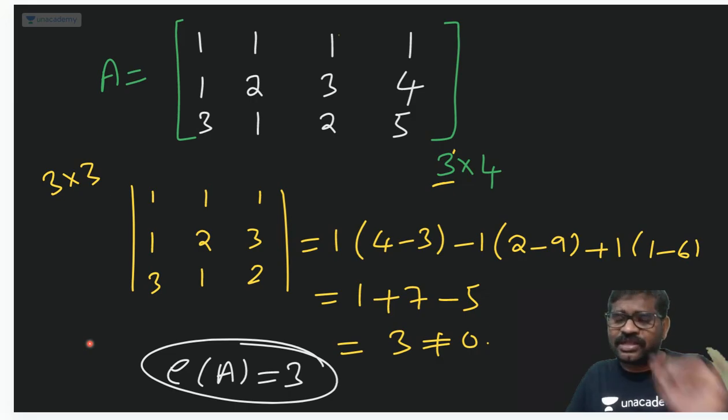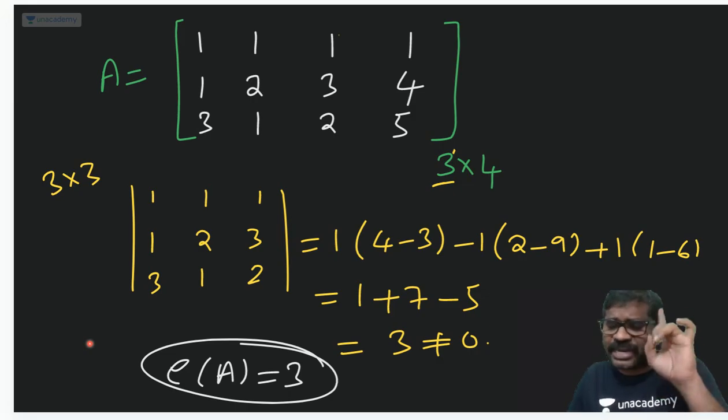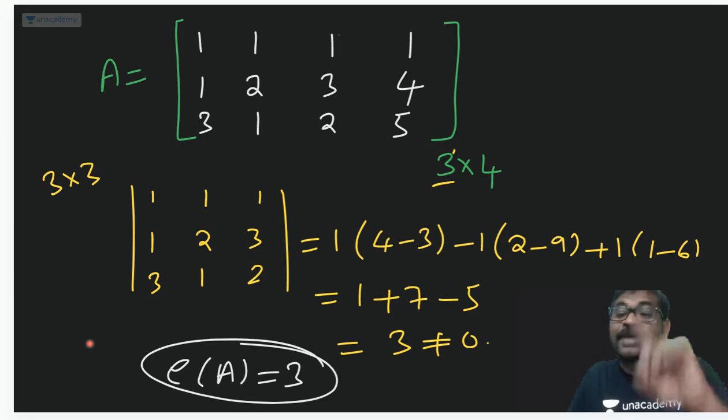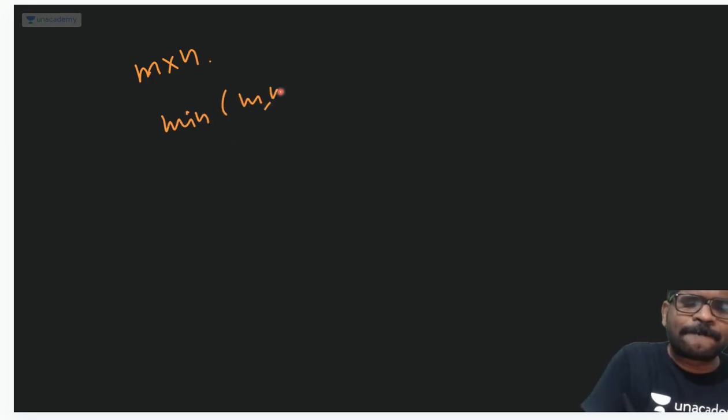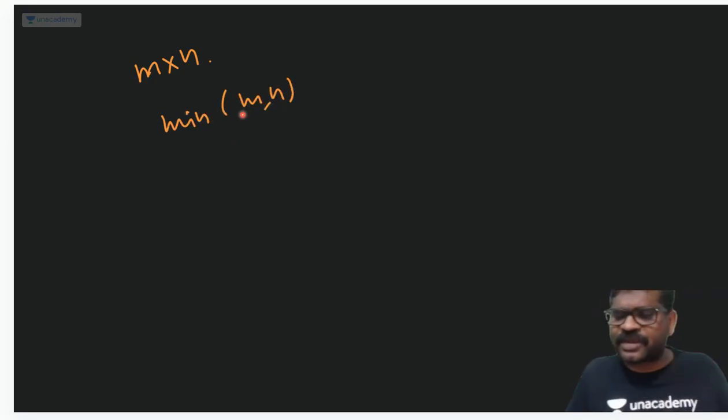Simple logic. If your matrix is M cross N, select the minimum of M comma N. The minimum of M comma N is the highest possible minor.